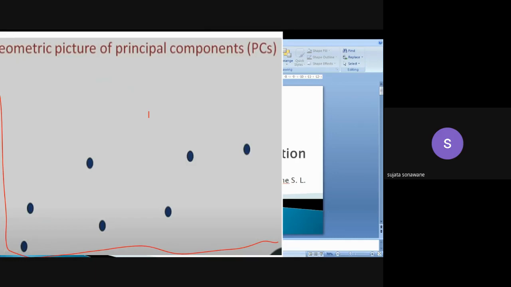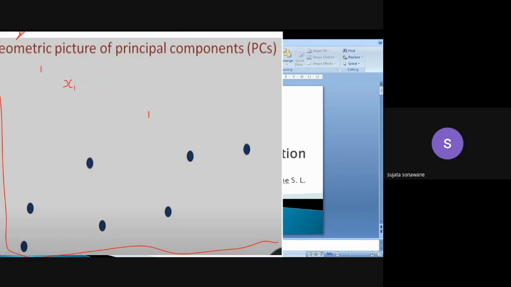For simplicity, we consider that whatever points lie here are in the two-dimensional feature space. It means only two features are present, and these features are x1 and x2.